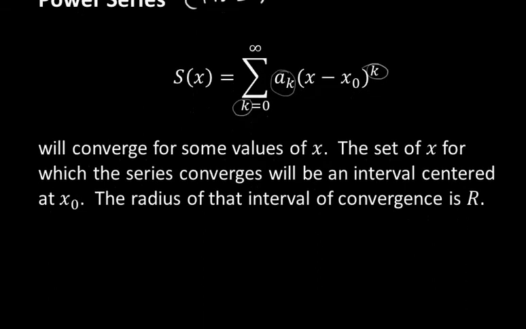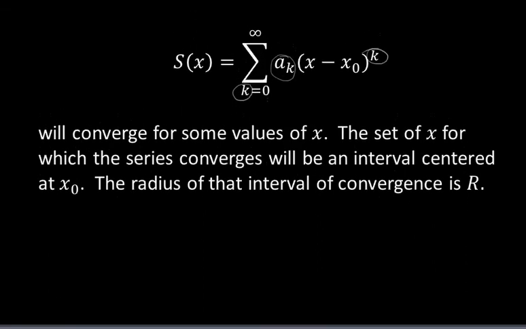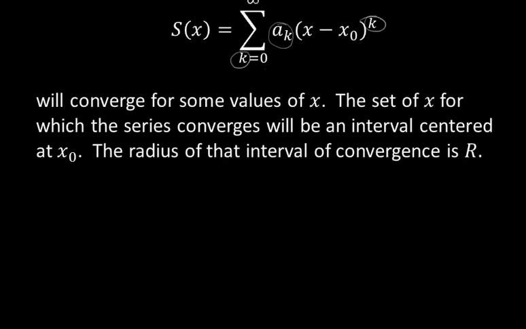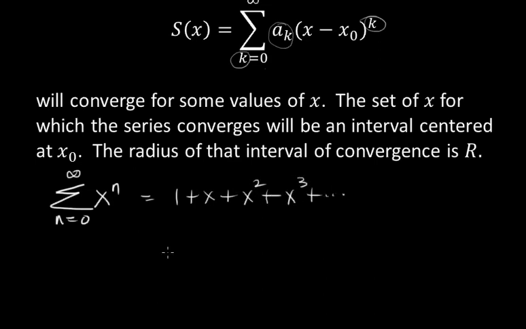Let me give you an example that you've seen several times. We've answered several of these power series questions already. For example, for what values of x does the sum of x to the n, n equals 0 to infinity, which is just 1 plus x plus x squared plus x cubed plus dot dot dot, converge?